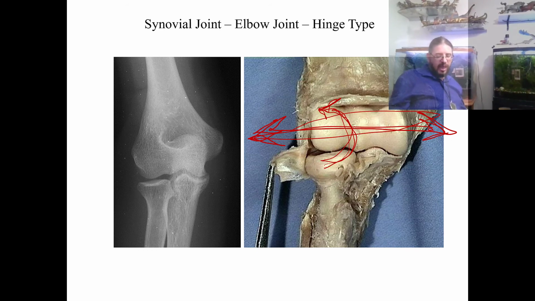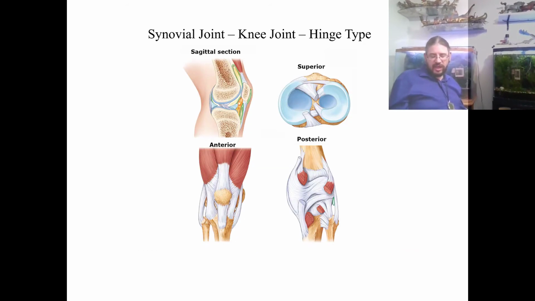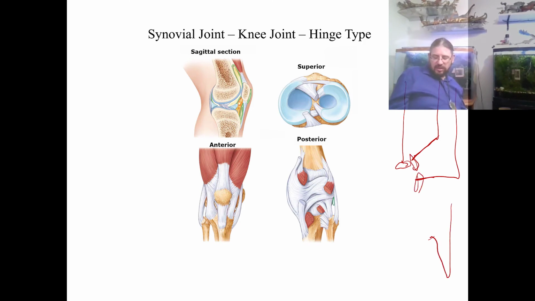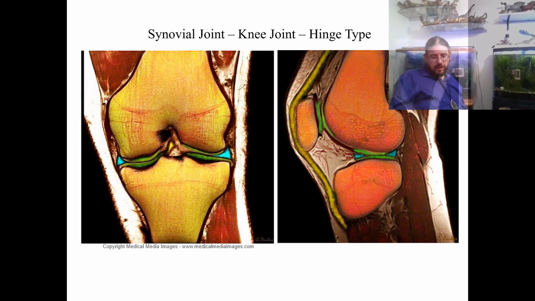Feel like I have explained this enough. And then again, your knee joint has a hinge component to it when you have your extended lower leg versus your flexed lower leg or fully flexed lower leg. So there's your foot. I guess technically, depending on your range of motion, you can get your leg really flexed if you want to do that one dance move that I do not remember the name of.